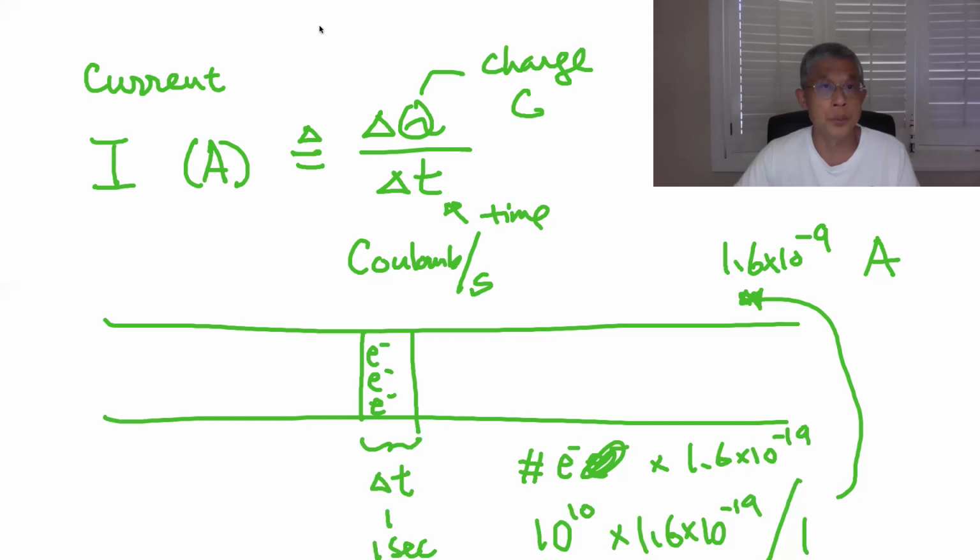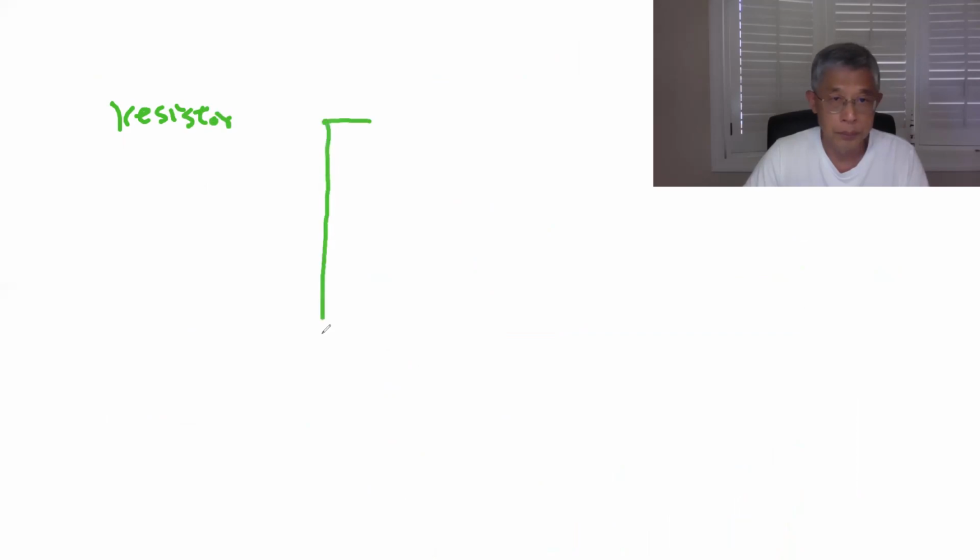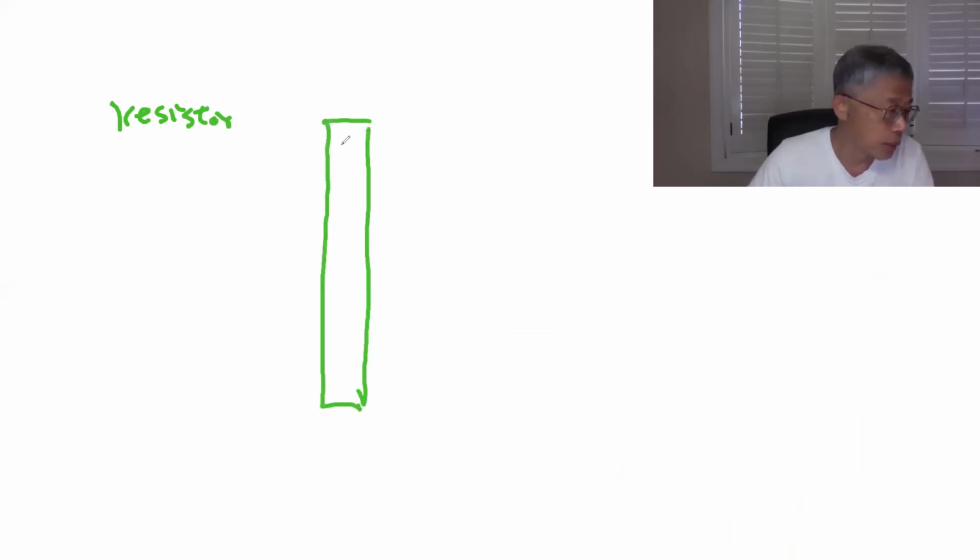Yeah, there's one more thing, which is the color code. For a resistor, it's often color coded like this. It has 4 rings. On one side from the top, let's say this is red. And let's say the second one is green.